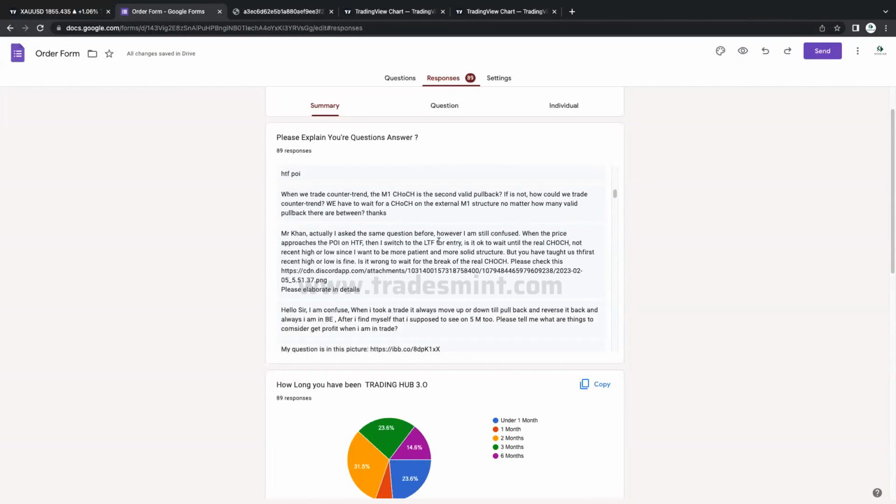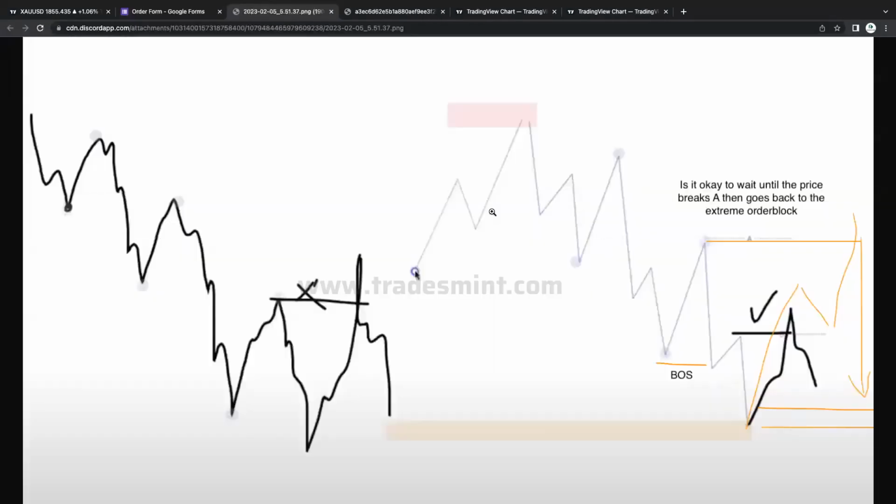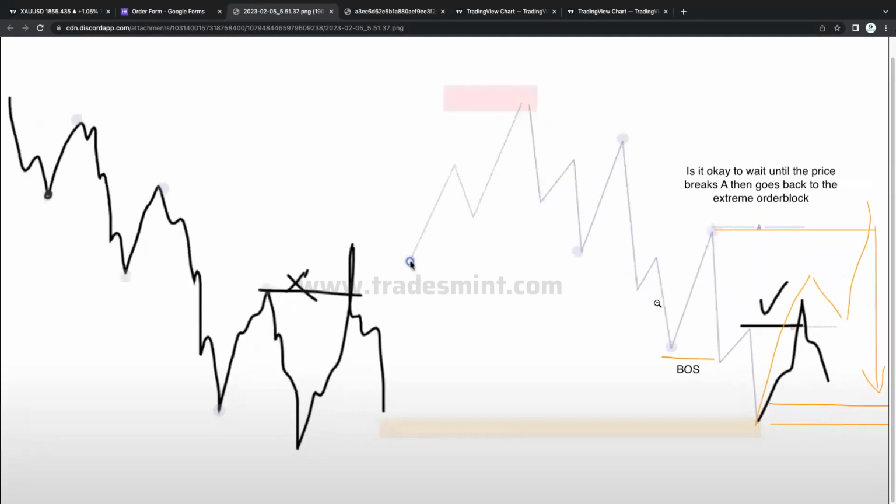Mr. Khan, actually I asked the same question before, however I'm still confused. The chop, appreciate, okay, mentioned here. It's okay to wait until price breaks and goes back to the extreme order block.